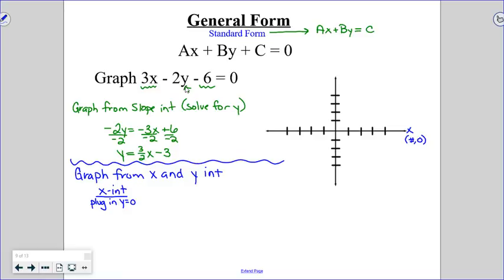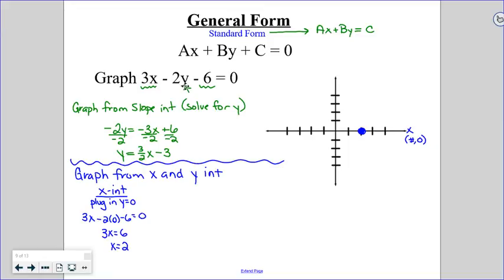So I would come up to this equation and put a 0 in here for y and solve for x. That's going to go to 0, and those of you that are quick and good with numbers, you would be able to just eliminate that term right away. So this would go to 0 right here, add 6, divide by 3, and we would have a dot on our x-axis at 2. That's your x-intercept.